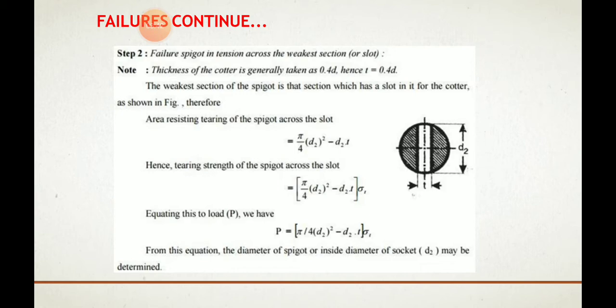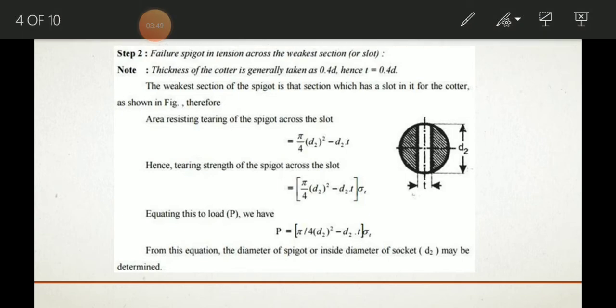The second step is failure of the spigot in tension across the weakest section of the rod. This is the spigot I have shown here with the outer diameter d2. We have to calculate the diameter of the spigot, that is d2. First we calculate the resisting area, the same as for the first part. The resisting area is pi by 4 d2 square minus d2 into t, where t is the thickness.